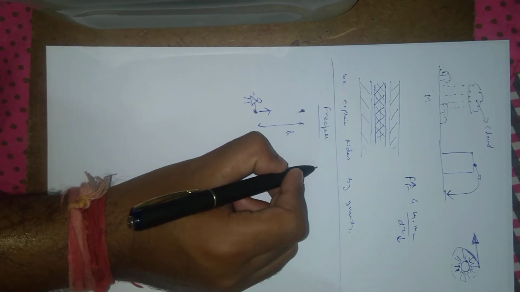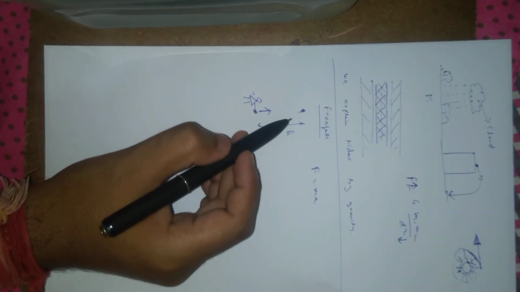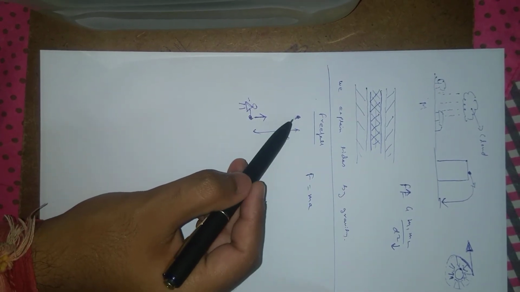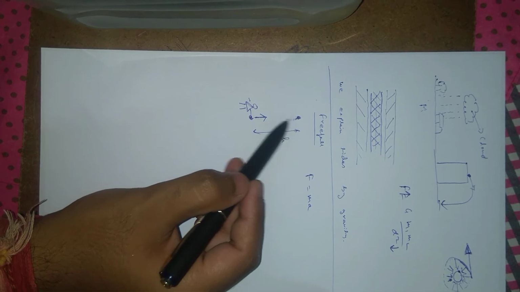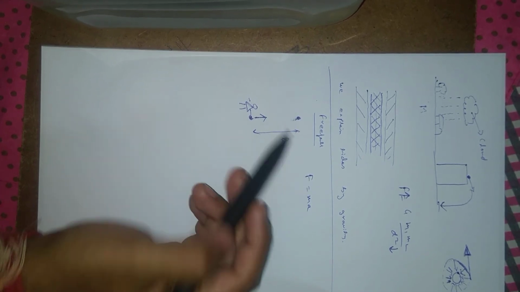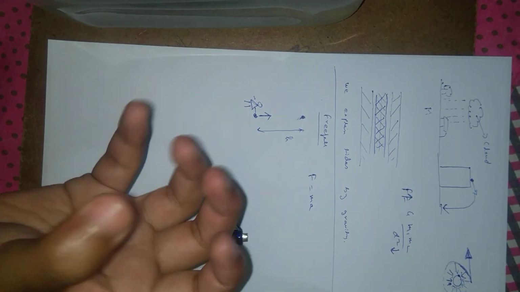By the second law of Newton, we know F is equal to ma. So it will follow acceleration which will happen due to gravity. The earth will attract the stone.